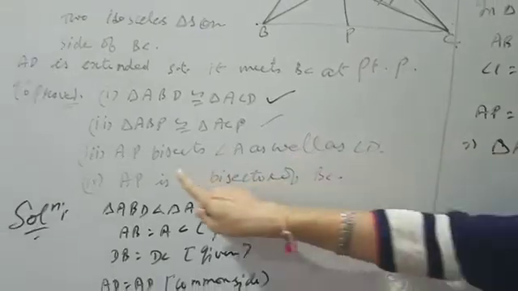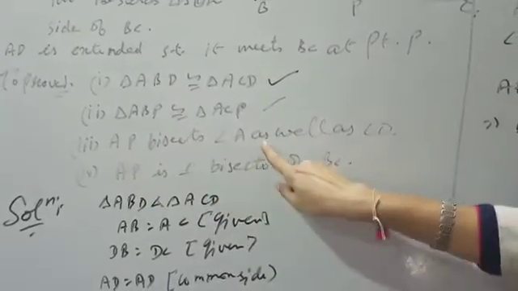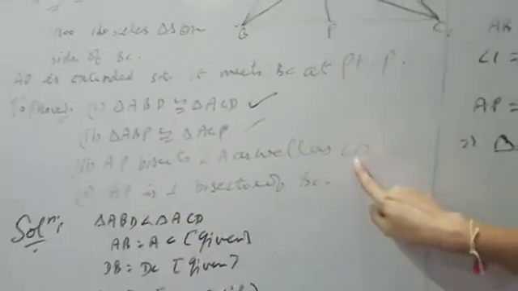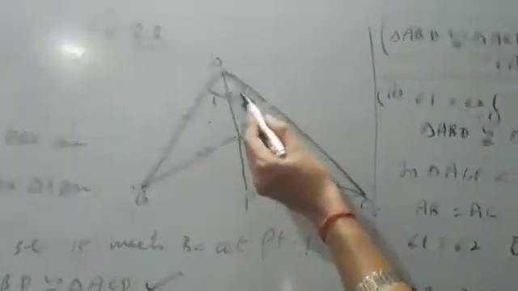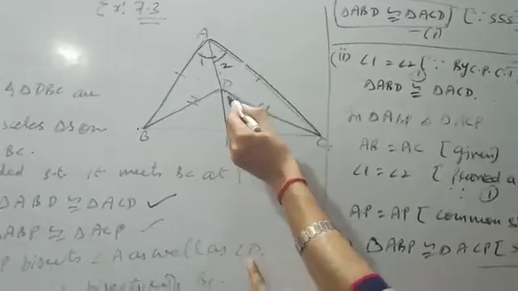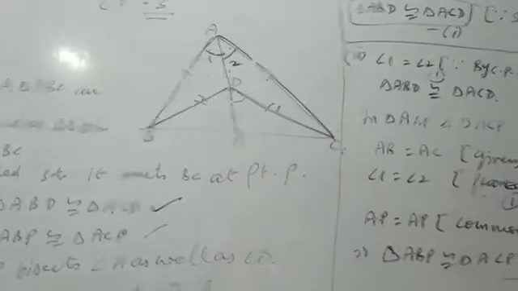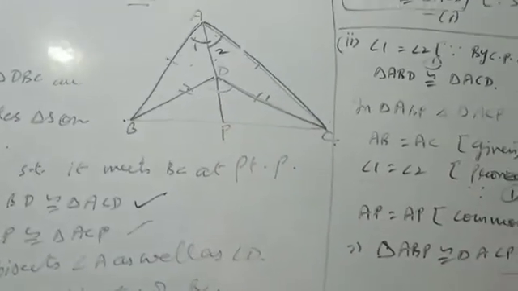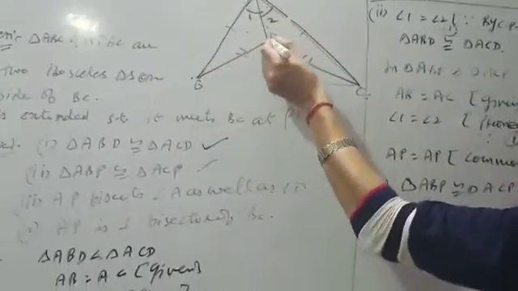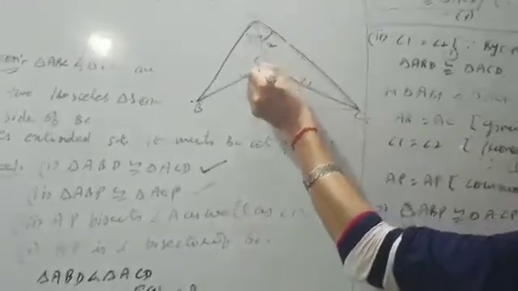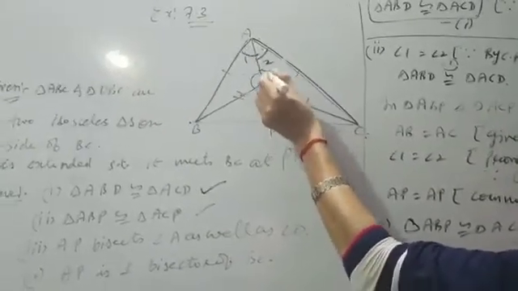Now the third part: we have to prove AP bisects angle A as well as angle D. Already we proved angle A is bisected in the first part. Now we have to prove angle D is also bisected. We have to prove these two angles are equal to each other. How can we prove it? As already ABD is congruent to ACD, by simplicity these two angles are equal, right?